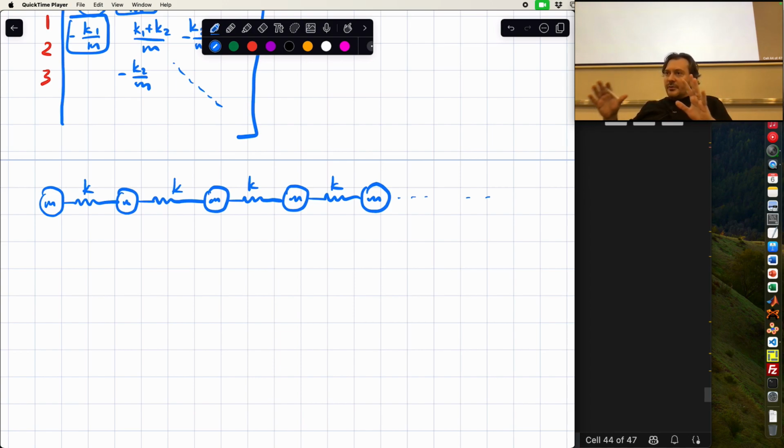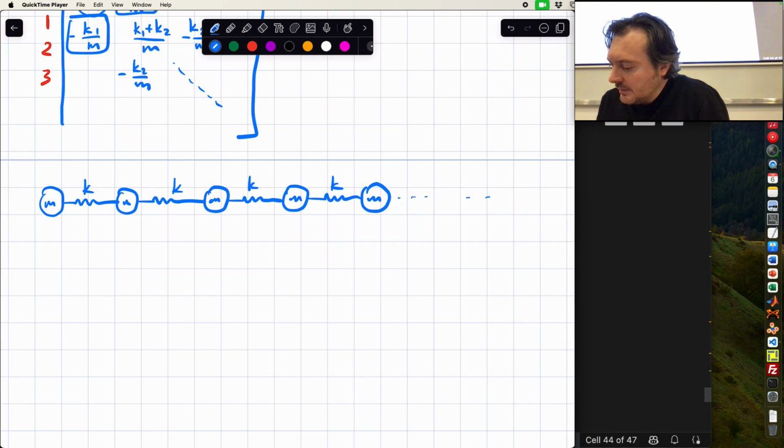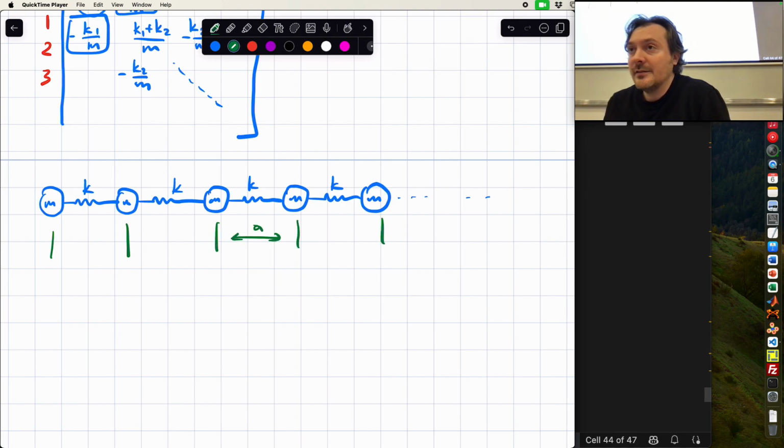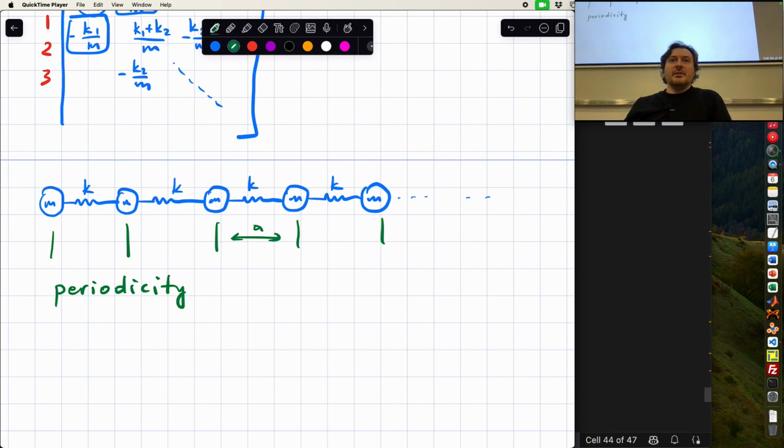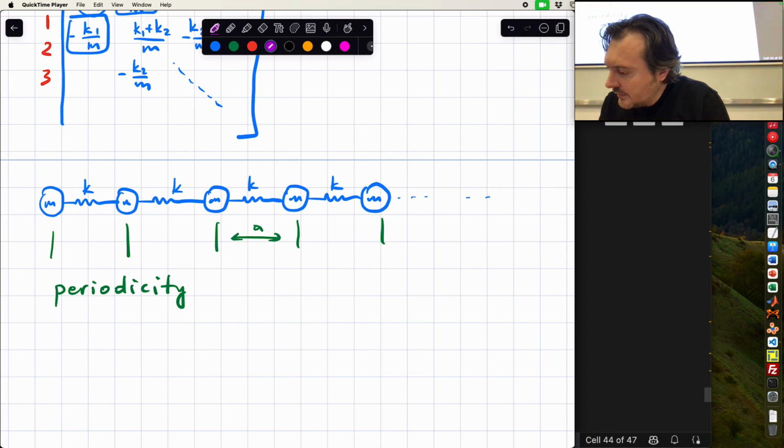Assume it's a continuum. So there's a problem there. There are two things. One is the periodicity. This is a periodic thing, keeps repeating after every A. So you have periodicity, right? But it also goes on forever, right? Then you have also continuity in here.